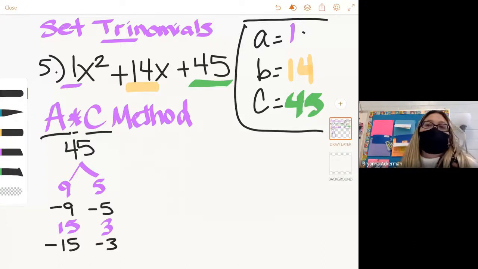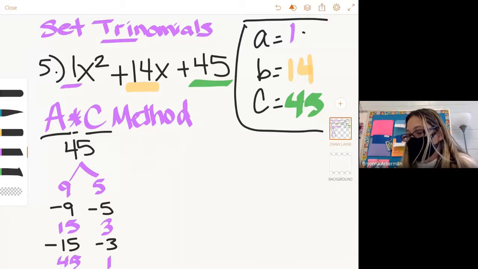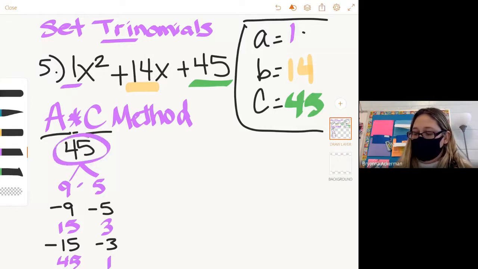And then we can also have 45 times 1, right? If we wanted to. And negative, I'm running out of room, but we could have 45 and 1, and then the same thing negative. Now, you'll learn that you don't necessarily have to keep going because the goal is you want the factors that when I multiply them, they equal the A times the C.